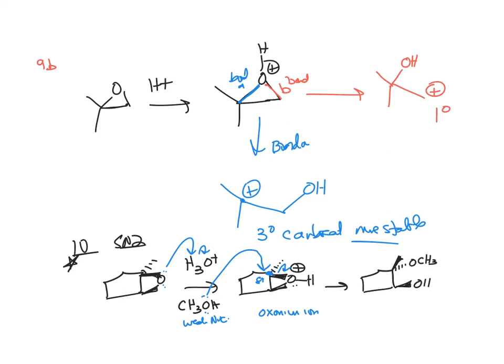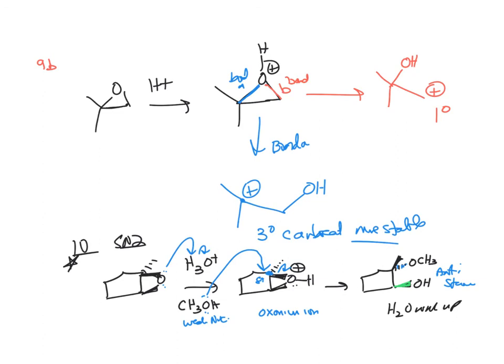And then this is just going to get protonated in water workup. But you see how your OH and your nucleophile have anti-stereochemistry. And that's because, and it asks, that would be inversion.